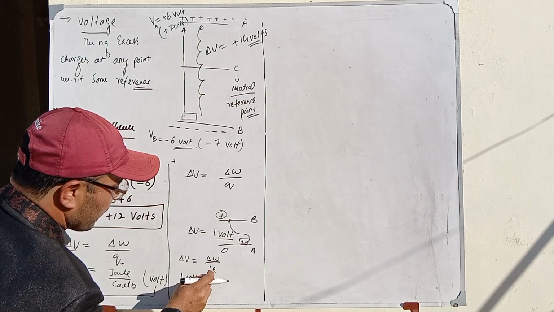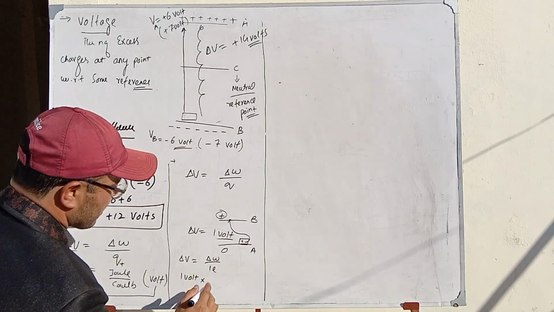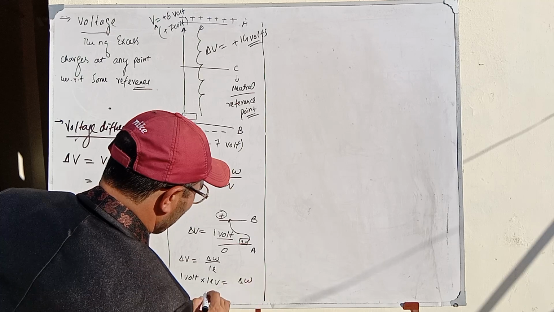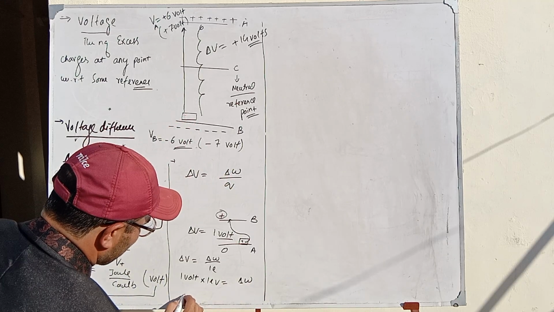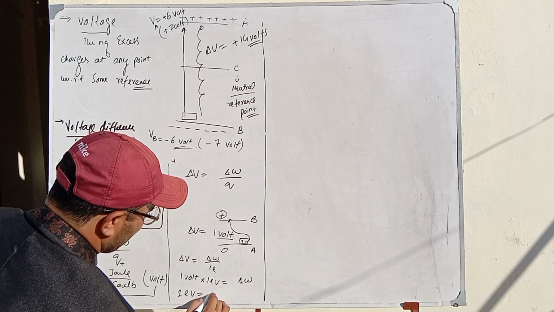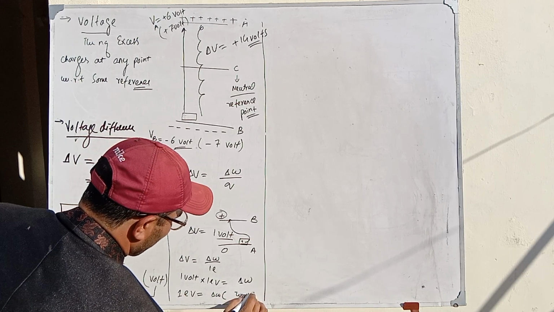So 1 electron multiplied by the left side gives the work. So basically electron volt is a unit of energy or work.